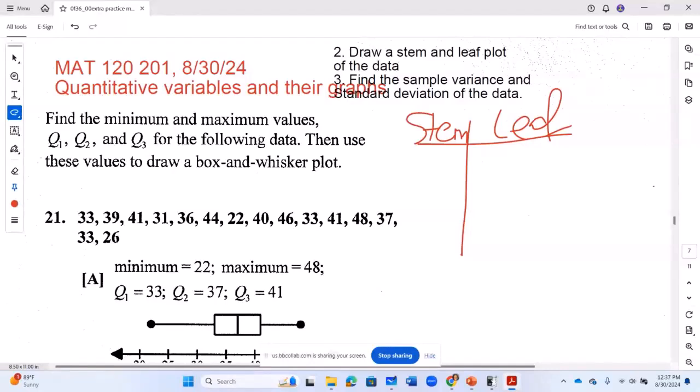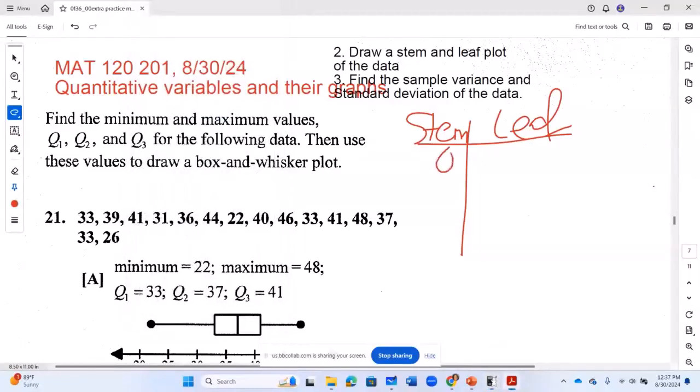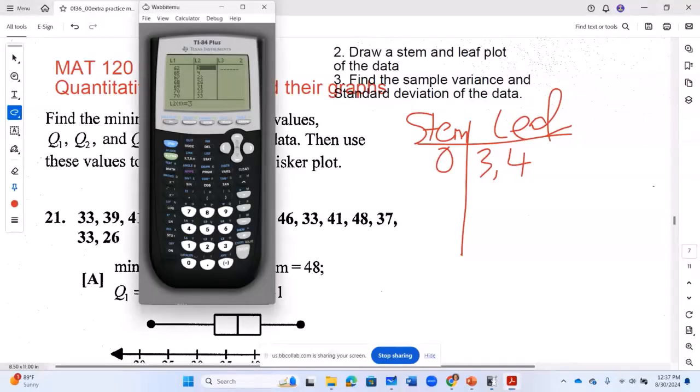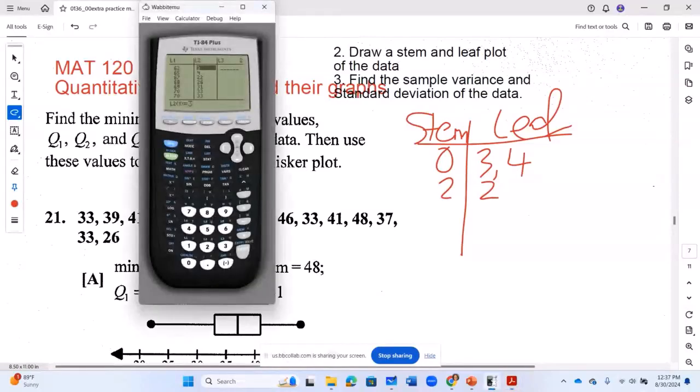Okay, in my calculator I'm going to be looking at the data sorted in ascending order. The first number there is 3. So I'm going to start with 0, 3, and the next number is 4. So 0, 4, and the next number is 22. So I go to 2, 2. The next number is 26.